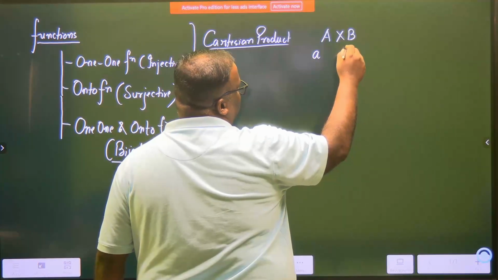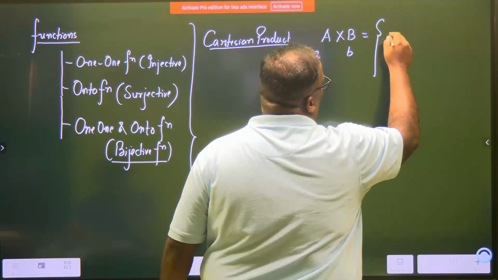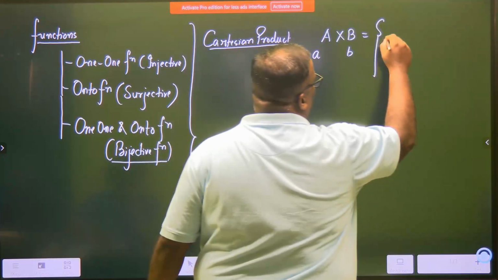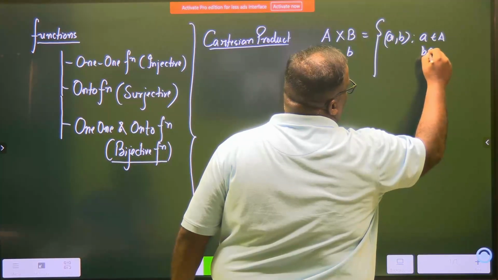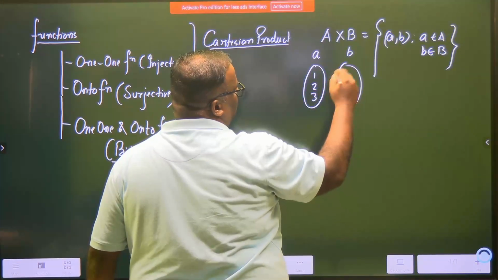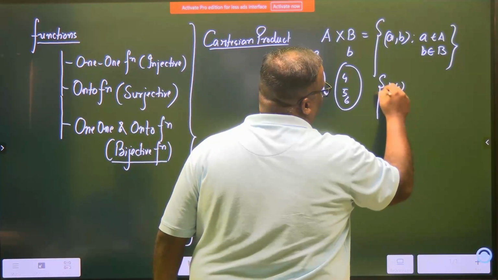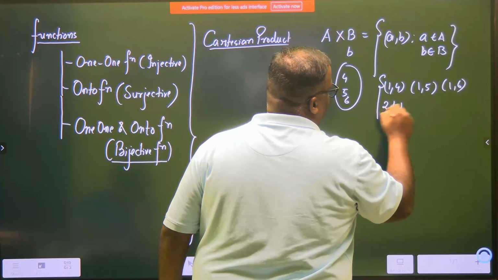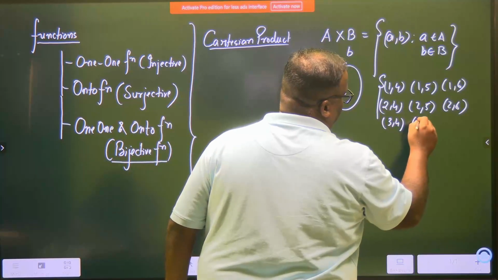B is a set which has elements represented by small b. The Cartesian product is the set of all ordered pairs (a, b), where a belongs to A and b belongs to B. If you have a set 1, 2, 3, and a set 4, 5, 6, your Cartesian product will be (1,4), (1,5), (1,6), similarly (2,4), (2,5), (2,6), and then (3,4), (3,5), (3,6).